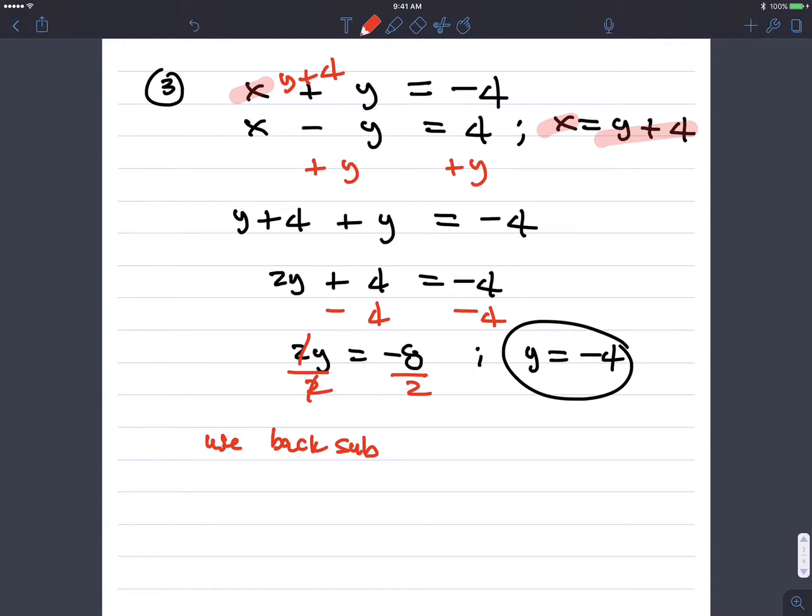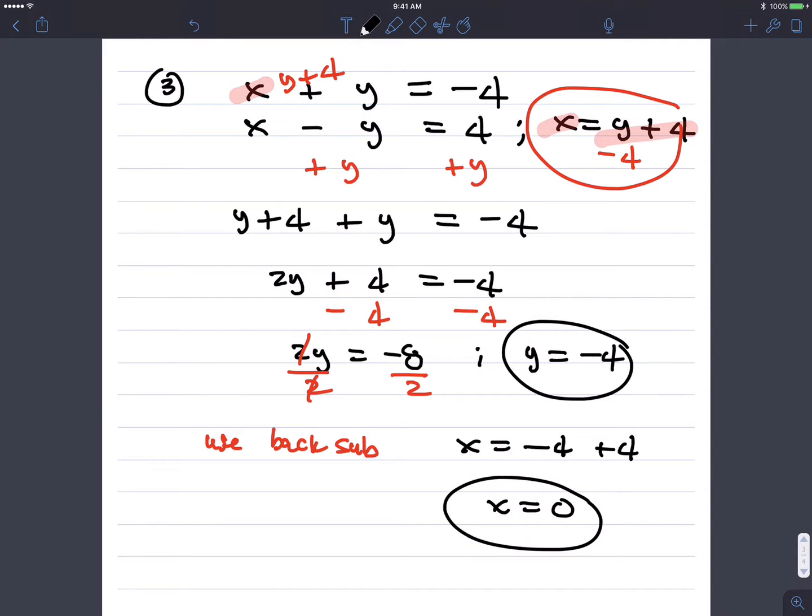Back sub will give us the corresponding x coordinate value. Now I'm going to use my back substitution over here because it's already solved for x. And what that means now is x will be negative 4 plus 4, or x is the value 0. My point of intersection is 0 comma negative 4. And you are done.